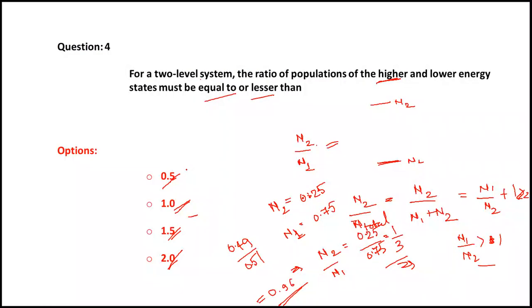Within a short time, I'll just try to repeat this question. In this question they have asked, for a two level system, the ratio of population of the higher and the lower energy states must be equal to or lesser than. But here they have not described which type of system, or the real system, they are talking about.